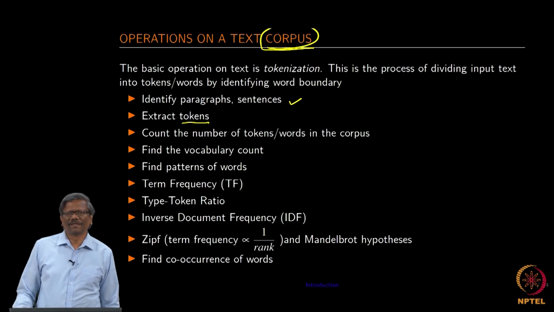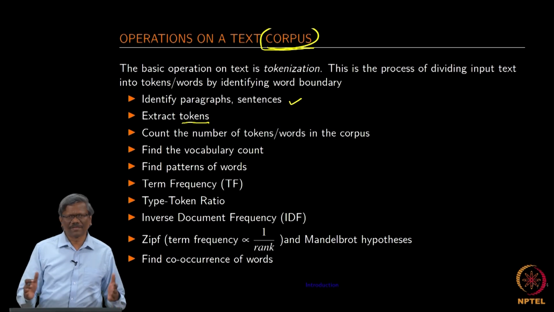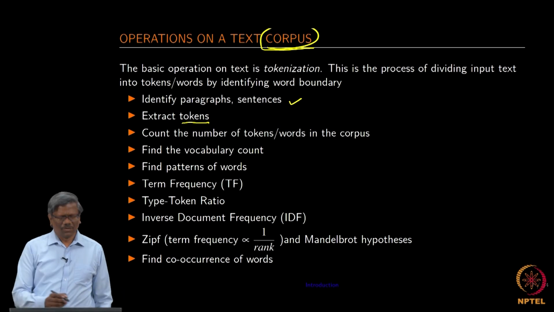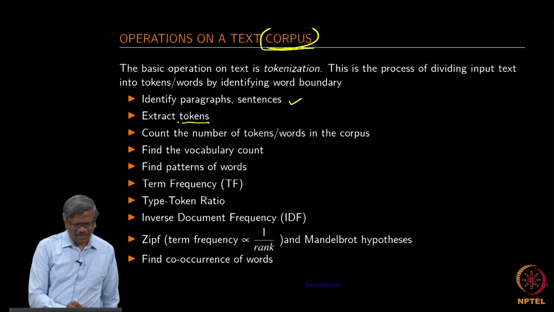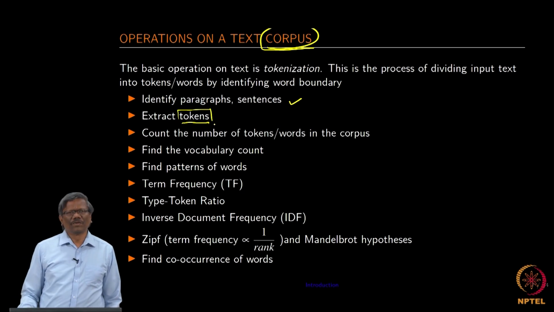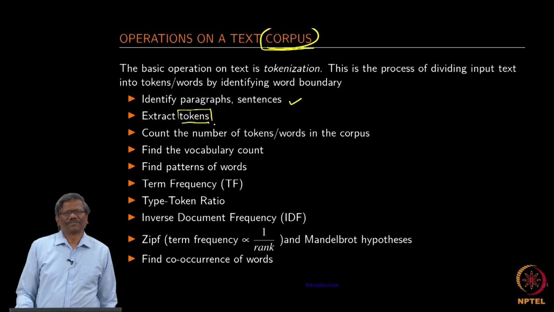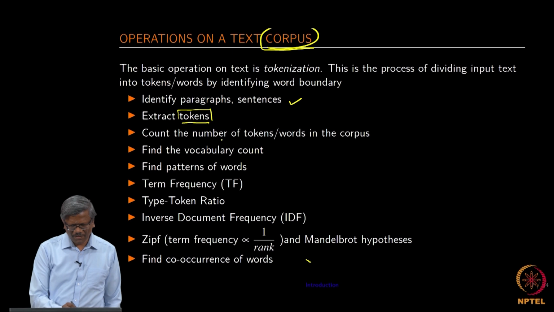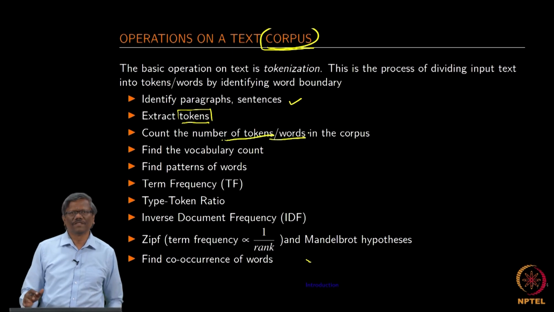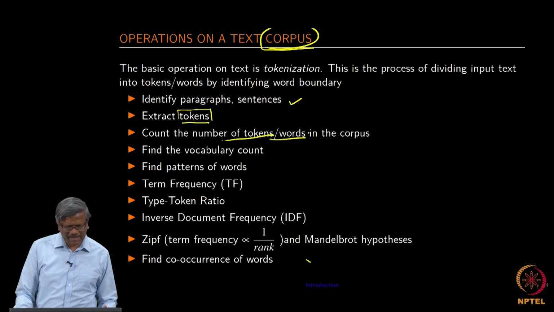We start looking at the frequency of the terms. For example, in this particular slide, how many times has the word token appeared? That is called the frequency of that word.